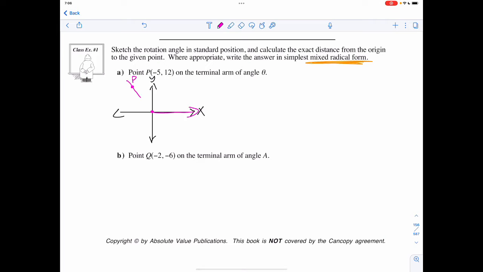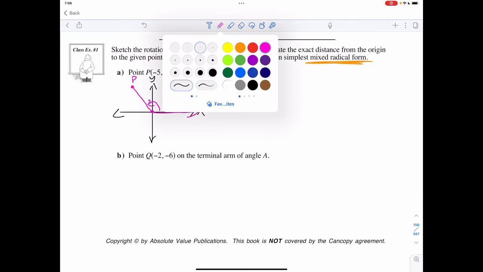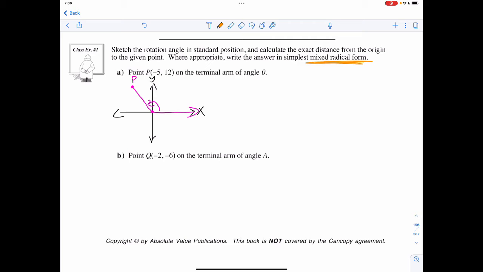We have our rotation angle, would exist here. And then we're going to show our reference angle by drawing a dotted line straight down to the x-axis.